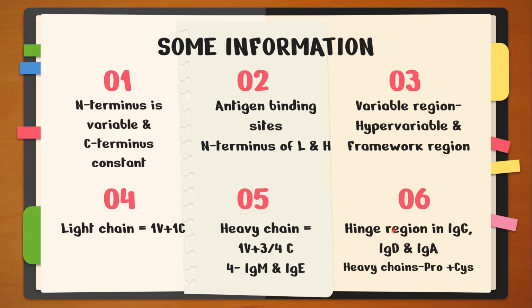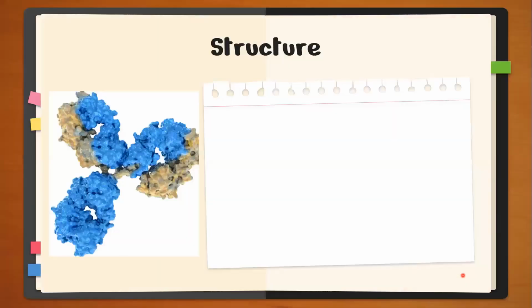So the heavy chains of these IgG, IgD and IgA have what is called the CH1 and CH2 regions that are not present in the rest. The heavy chains make the hinge region, which has proline and cysteine, which are known to give flexibility to these antibodies. Okay. Now, this is the typical structure of an antibody.